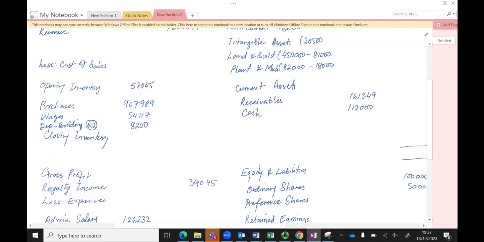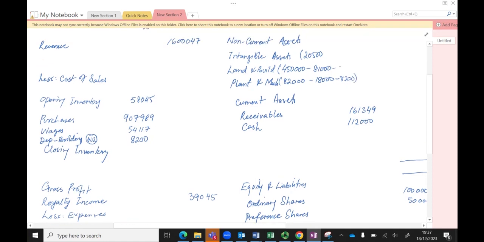The depreciation should also be included in the statement of financial position. For the machinery, we calculated 8,200. For land and building, we calculated 6,700, and that is working number 2, and this is also working number 2. Now we can close the brackets.